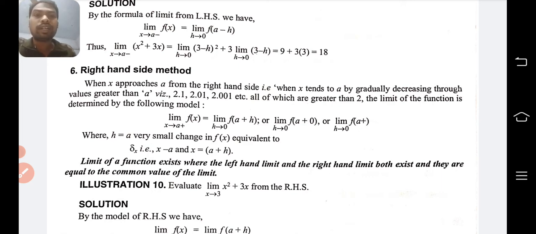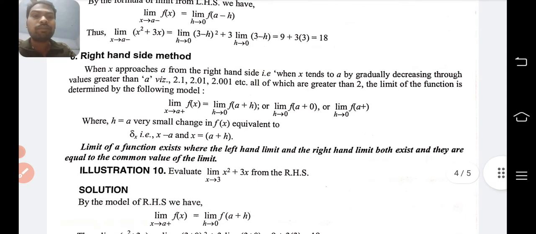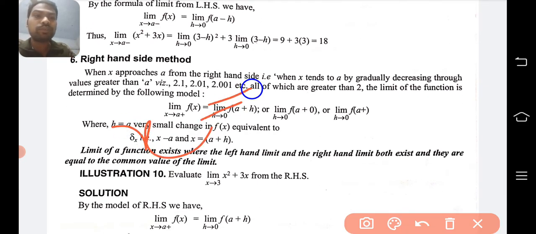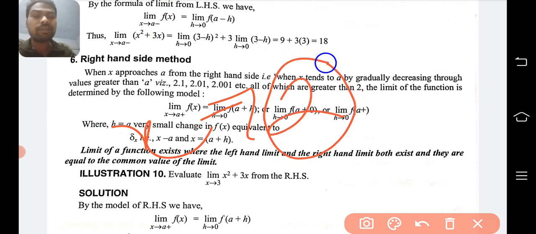So let's see how we are going to calculate the right hand side limit. Whenever we are talking about the right hand side limit, say x tends to 2, and the constant term is 2. From the right hand side we will calculate from the upper side, from a value greater than 2.